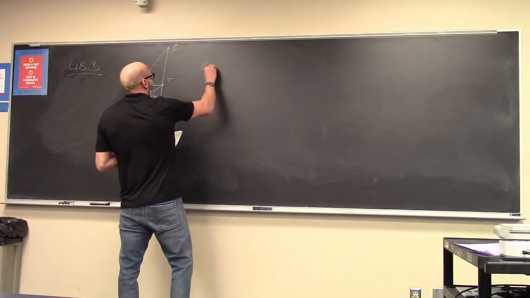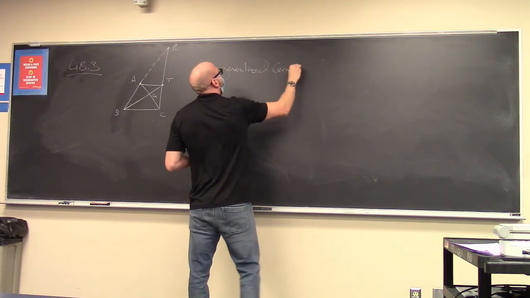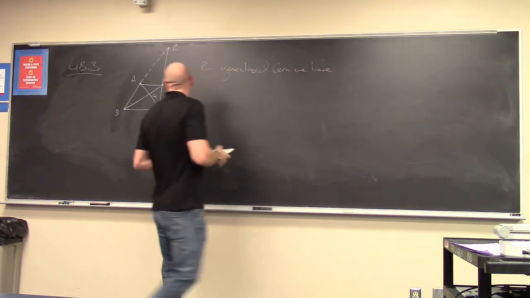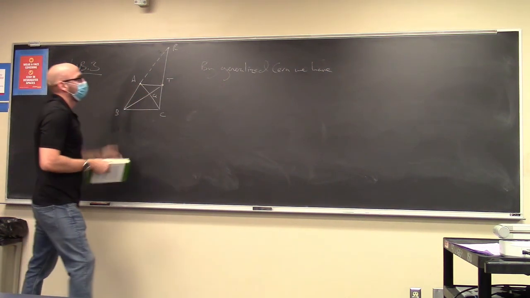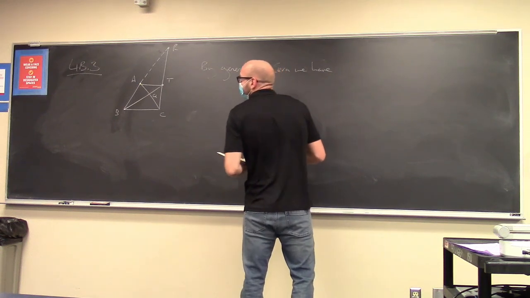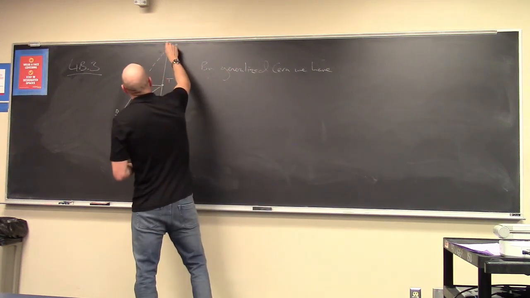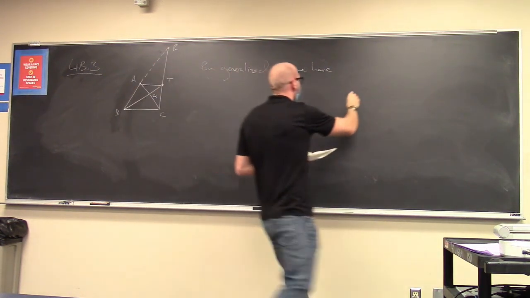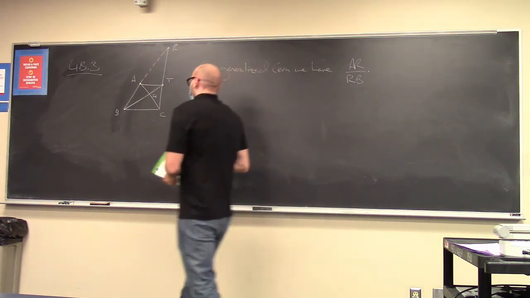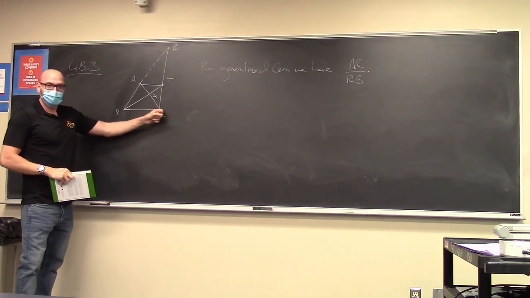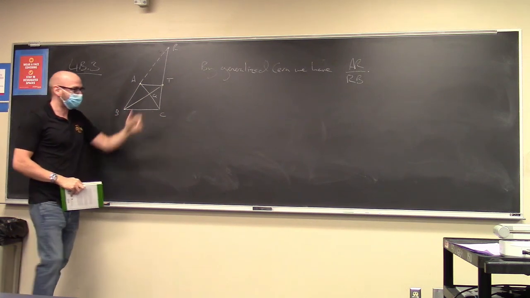All right, so by generalized Ceva, we take the Chevian product, and it should equal 1 because they're all concurrent at this point T. So we have AR over RB times BP over PC, but P is just the point at infinity, so remember we define BP over PC to equal 1.